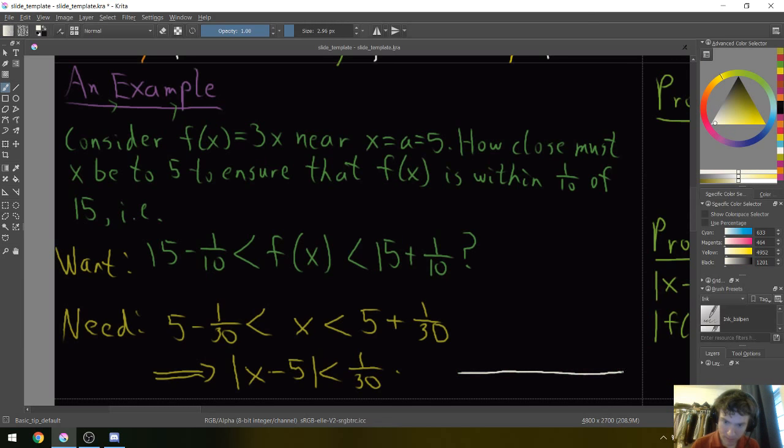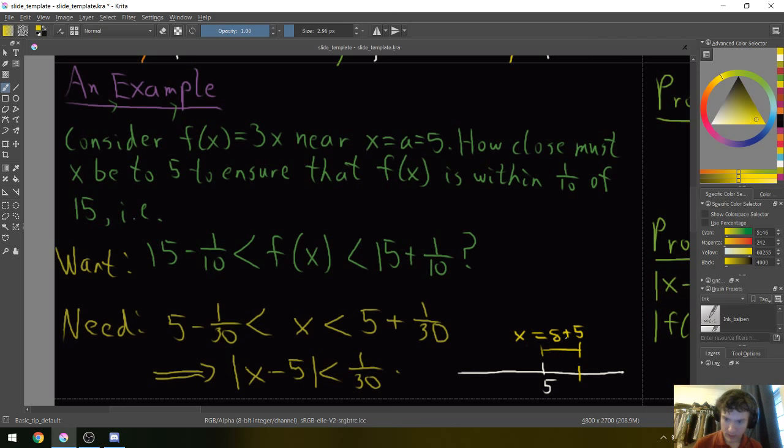So let me just draw a number line and say here's 5. The whole idea here is that if you're some distance, say delta, to the right of 5, then x is going to be delta plus 5.